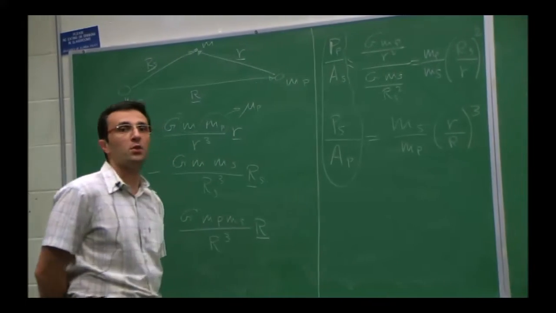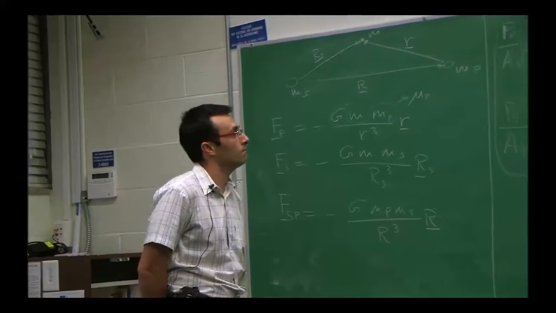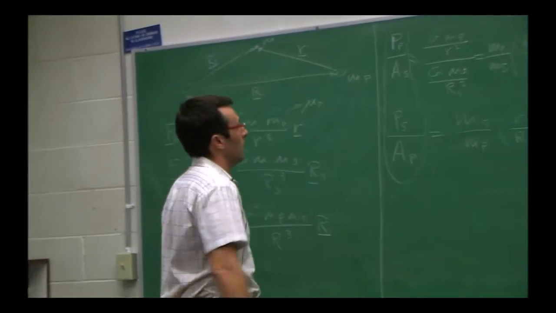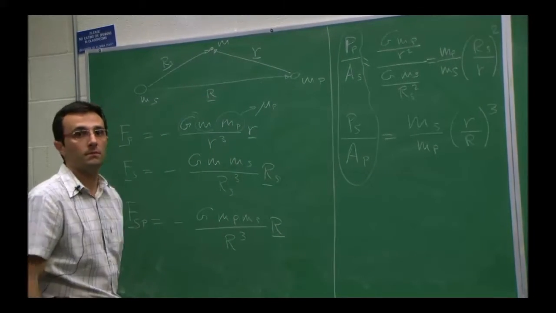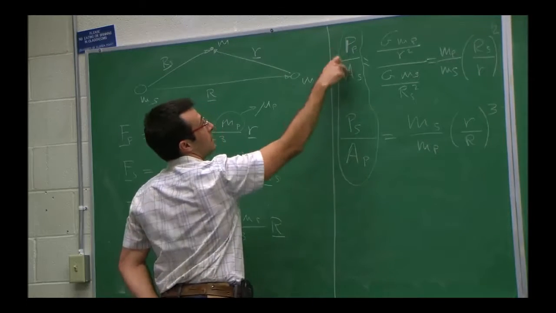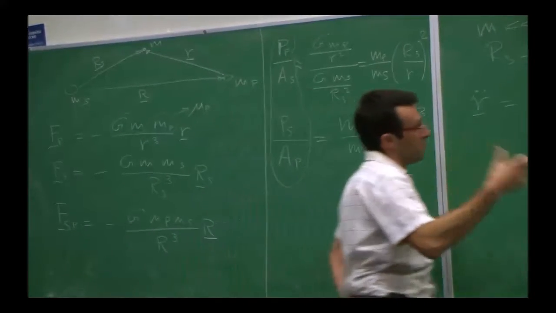Which one has to win if you want to be inside the sphere of influence? Yeah, right. So how about these needs to be less than these, right? Perturbation of the sun over the acceleration of the planet has to be less than this. The planet has to win, so its perturbation is bigger.